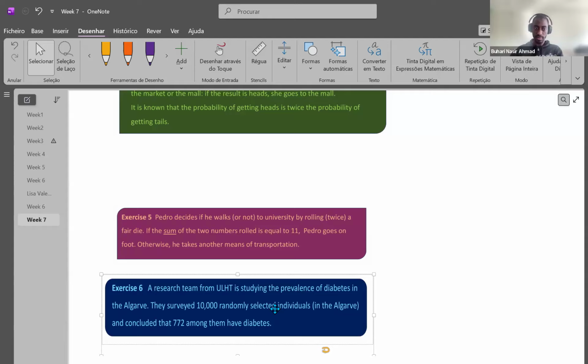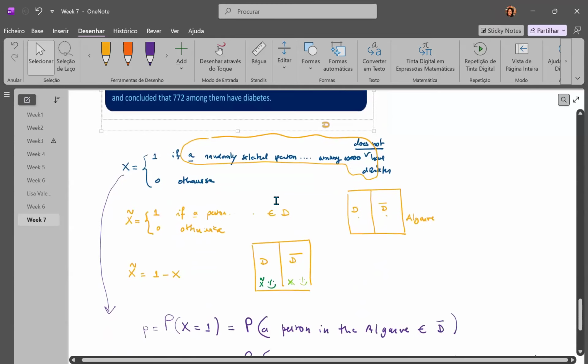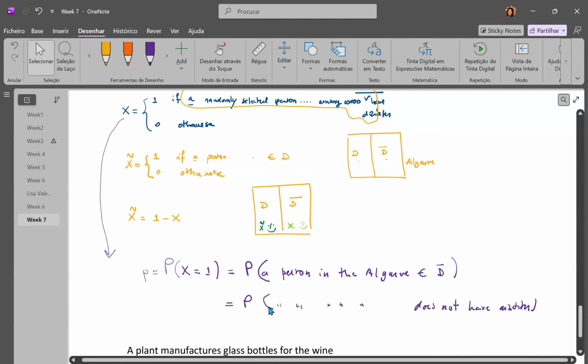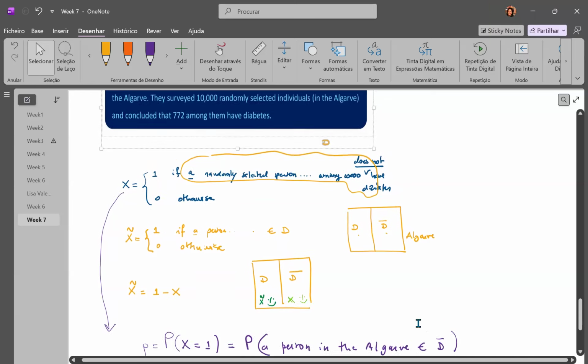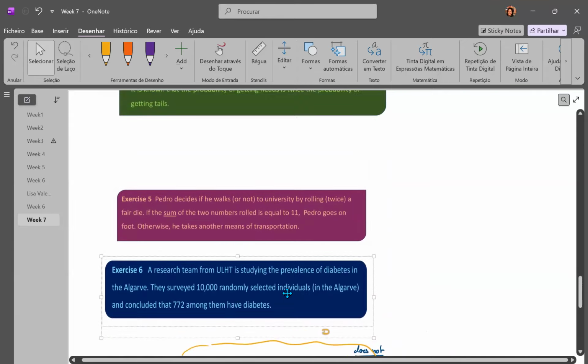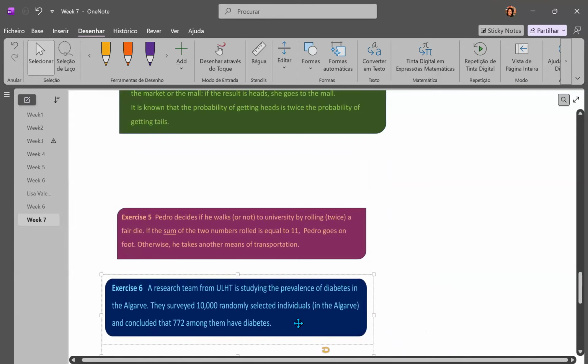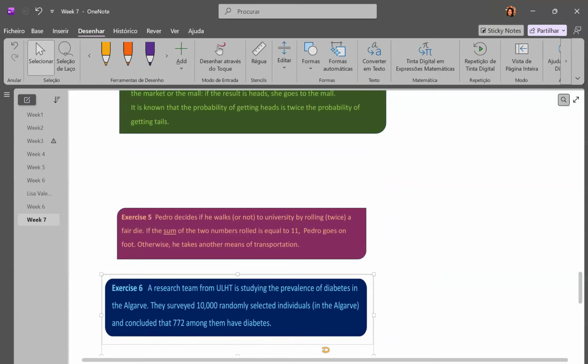So the parameter P in our first Bernoulli is the probability of a person in the entire Algarve not having diabetes. Now, it's true that we're only working with 10,000. Let me stop here and ask if everyone is okay, if there are no doubts regarding the meaning of P.